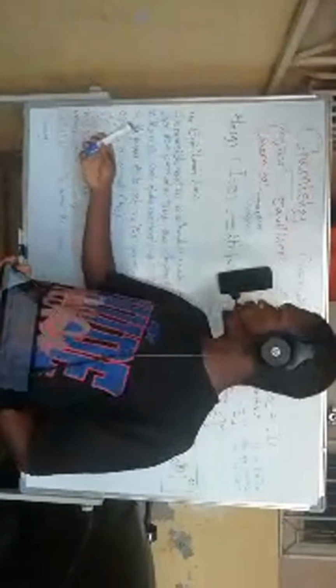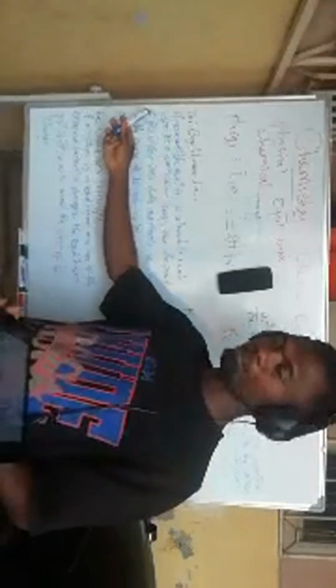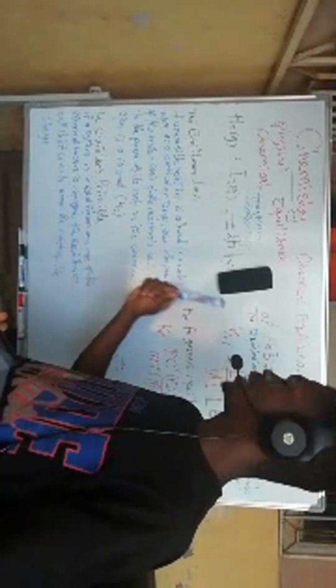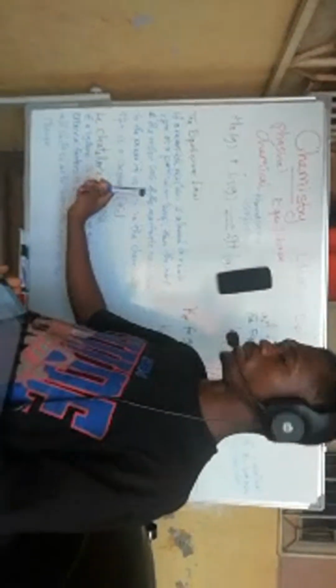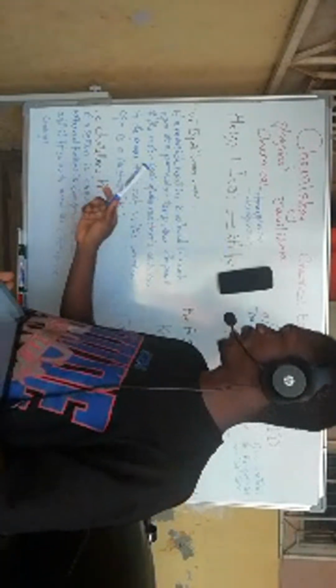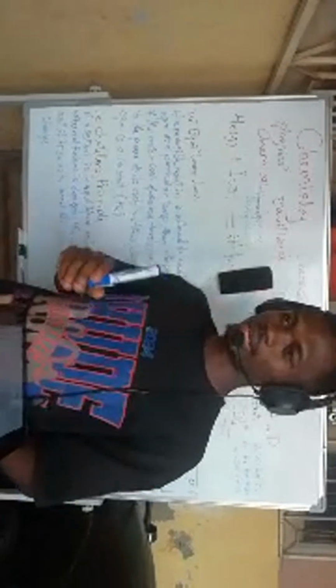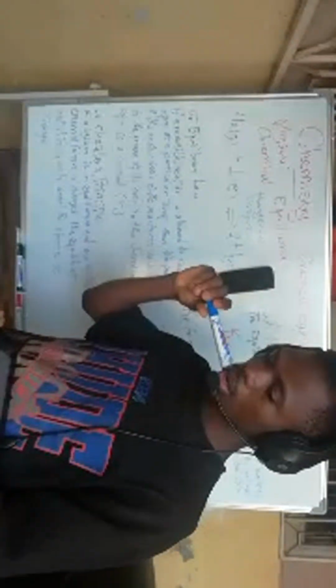The equilibrium law states that if a reversible reaction is allowed to reach equilibrium at a particular temperature, then the molar concentration of the reactants, each raised to the power of its coefficient in a chemical equation, is a constant known as the equilibrium constant. That is the equilibrium law. I will come again.